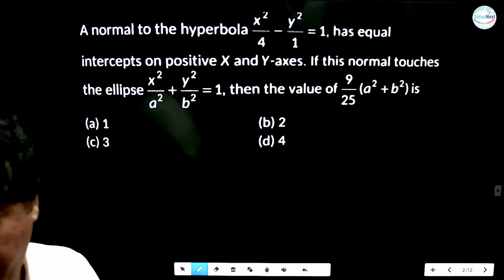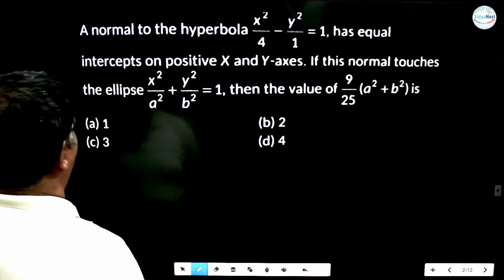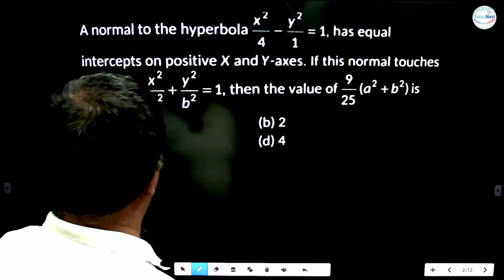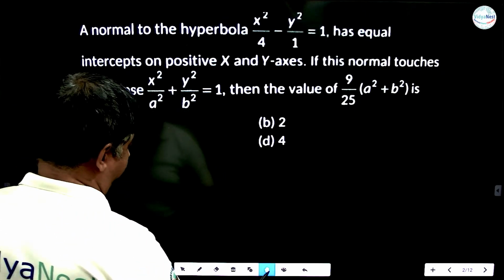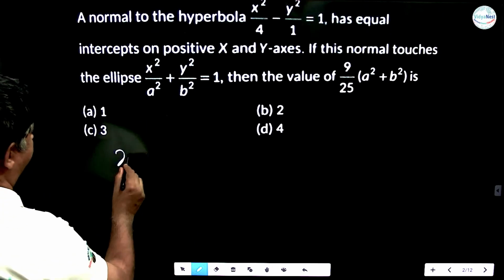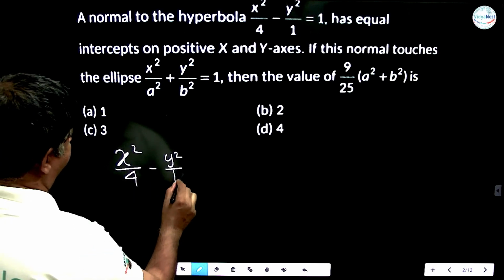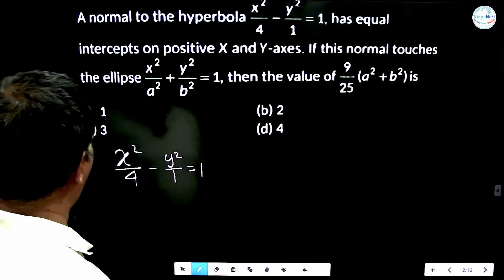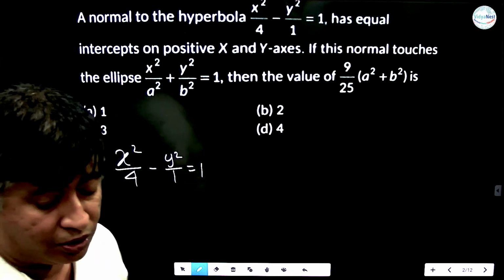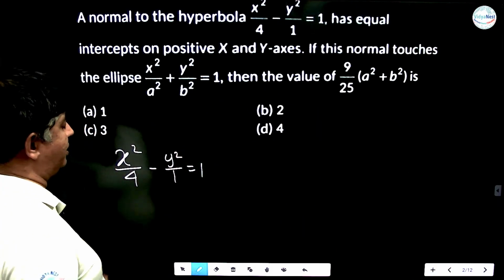See this sum. A normal to the hyperbola has equal intercepts on the positive x and y axes. First of all, in the tangent, the slope is dy/dx. So in the normal, the slope will be minus dx/dy. So you differentiate first.